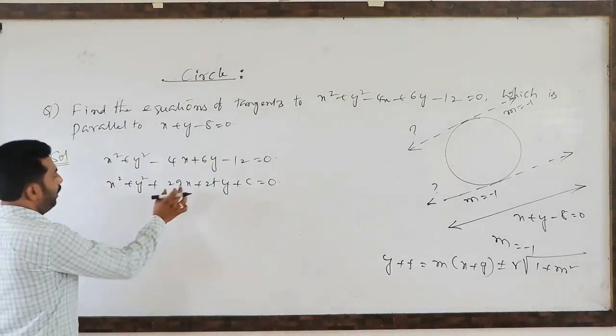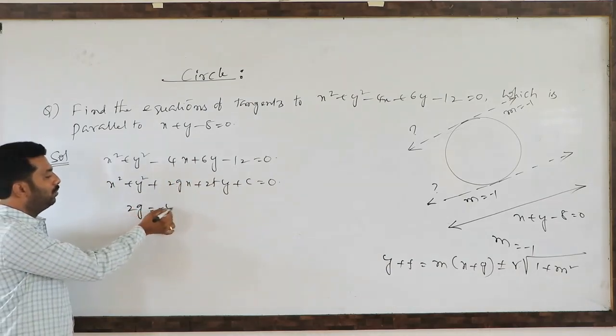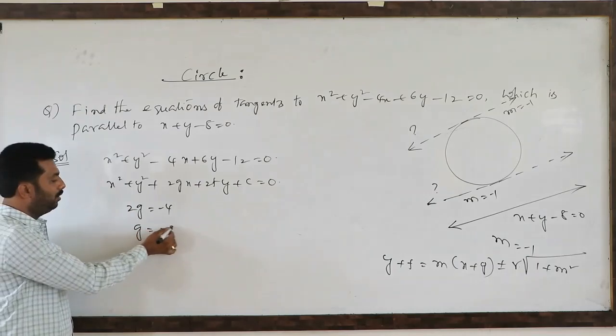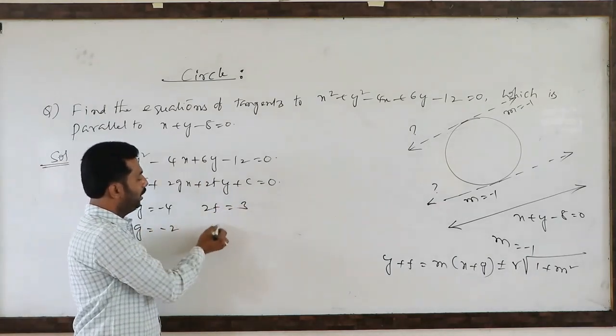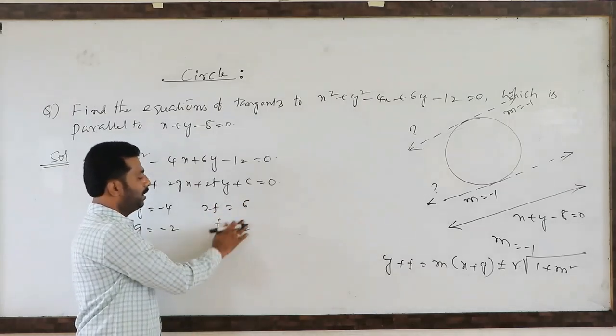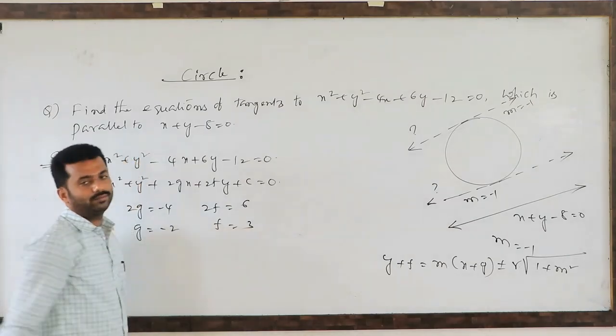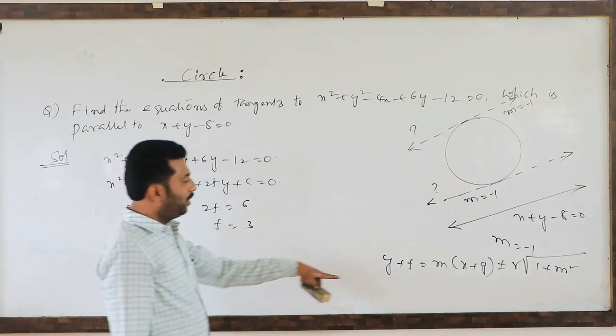The x coefficient is 2g, so 2g equals -4, so the g value is -2. 2f means 6, so the f value is 3. So g value -2, f value 3, m value -1.